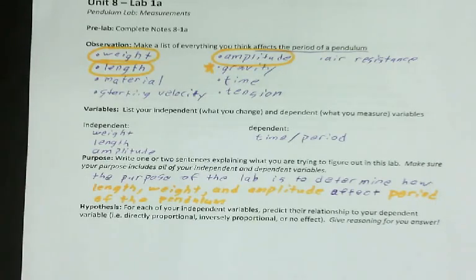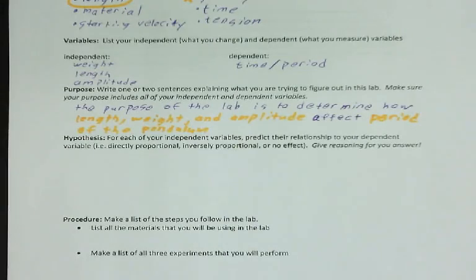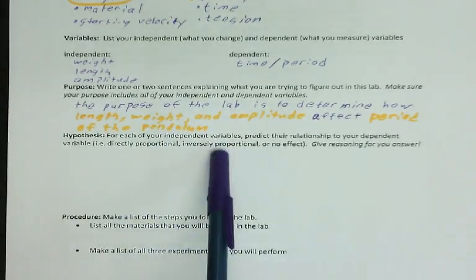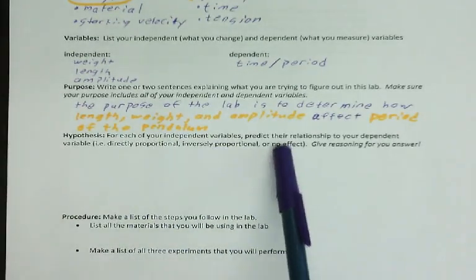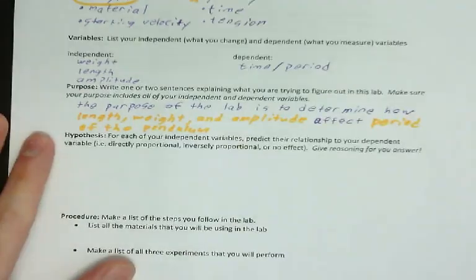All right. Now you need to do a hypothesis. And the hypothesis works like this. What you're going to do is you're going to do each of your independent variables. You're going to predict the relationship to your dependent variable. And the way you say that is it's either directly proportional, inversely proportional, or has no effect. And then you're going to give a reason for that. Okay?